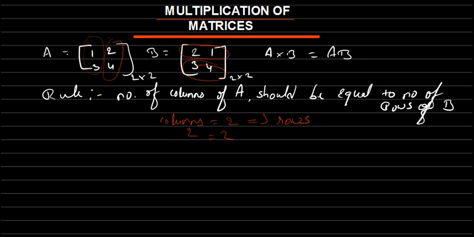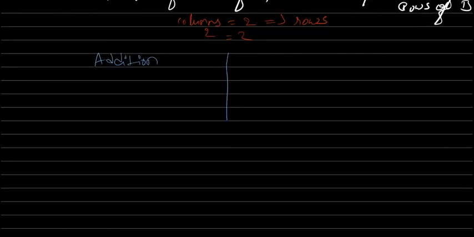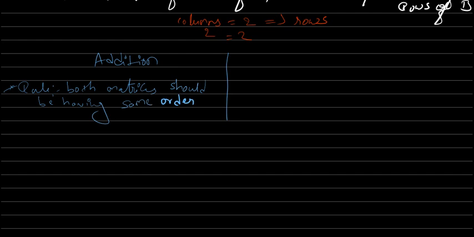I hope you remember that in the addition of matrices, the main rule was that both matrices should have the same order, but in multiplication it is different.